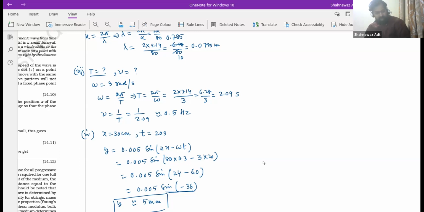Good. So now let us understand. We understood about the speed of light.